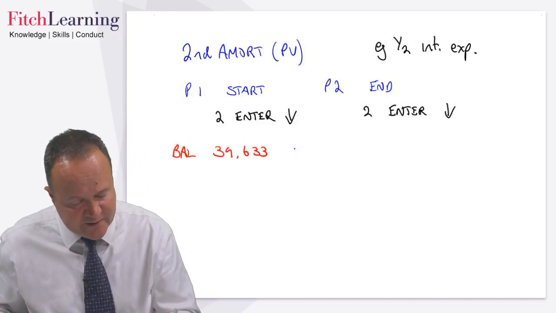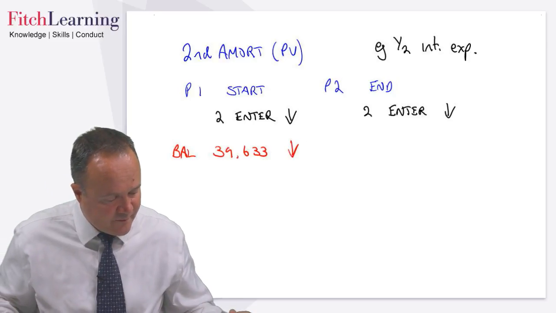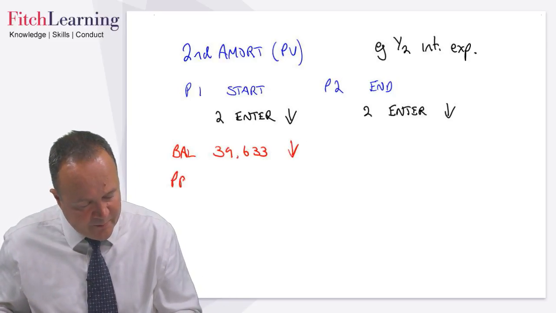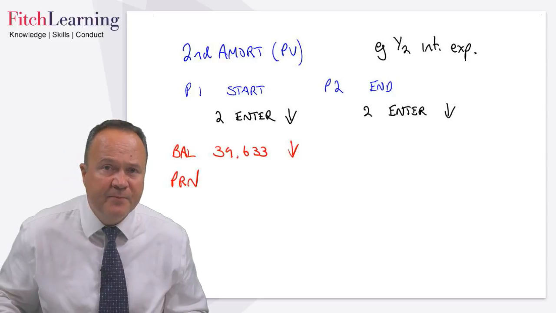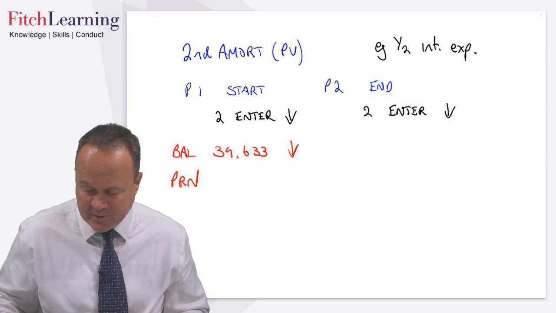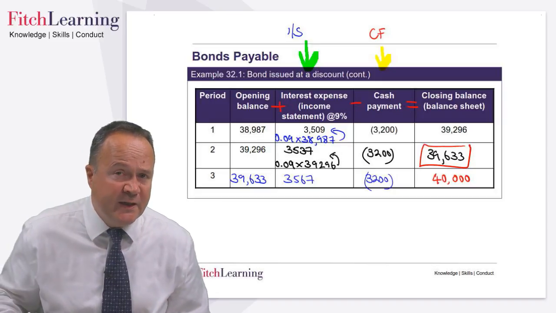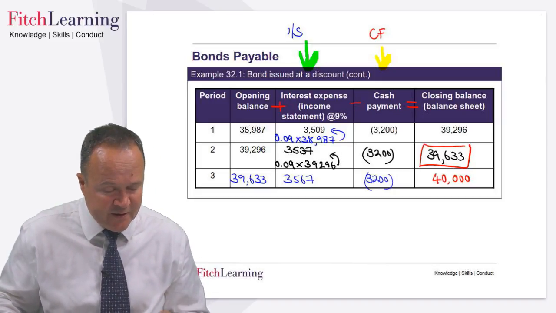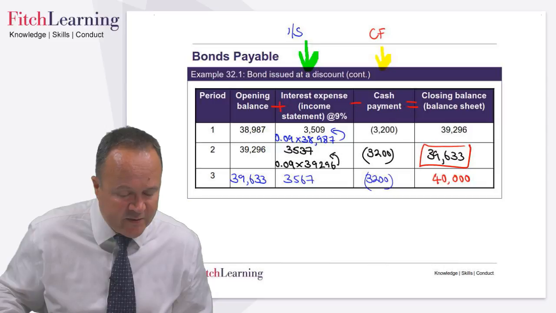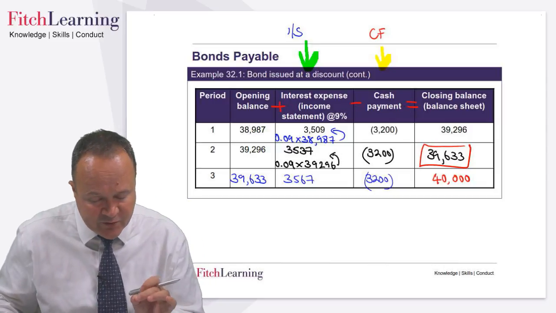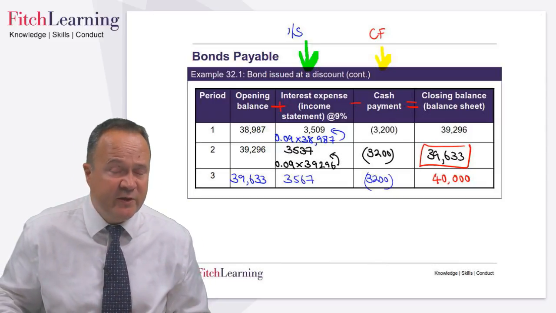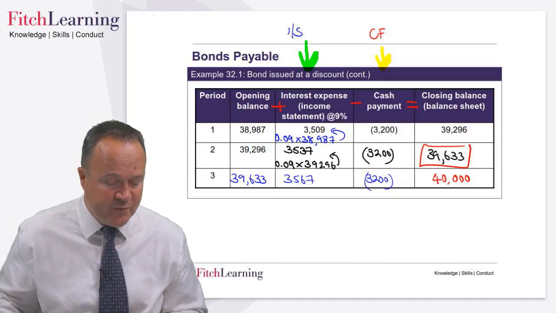If I press the down arrow again, I get PRN, principal. That is the movement of the liability in that second year. So that liability has gone from 39,296 to 39,633. So that movement is the principal.